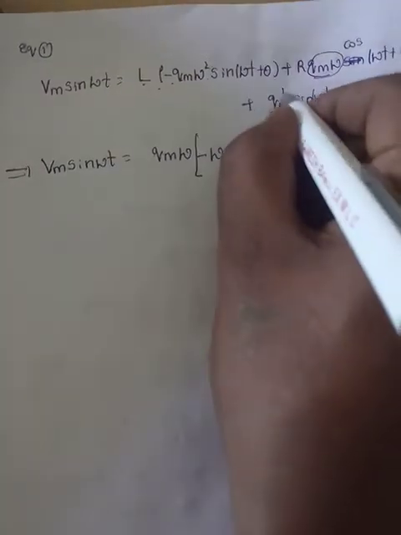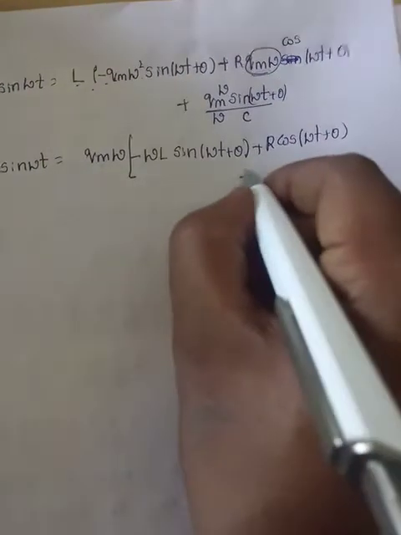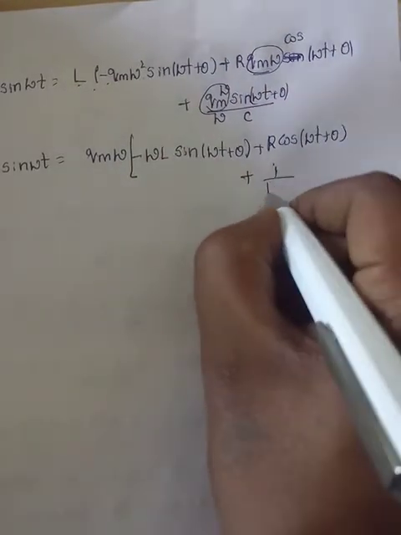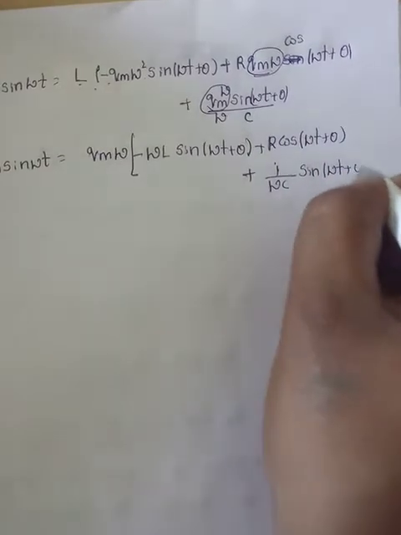In the last term omega is not there, so we multiply and divide by omega. What we get, with Qm omega outside, is 1 by omega C into sin of omega t plus theta.